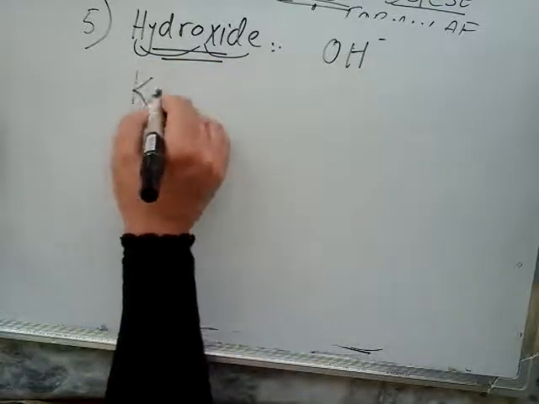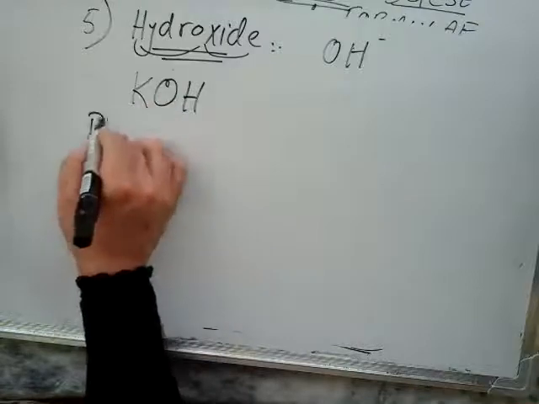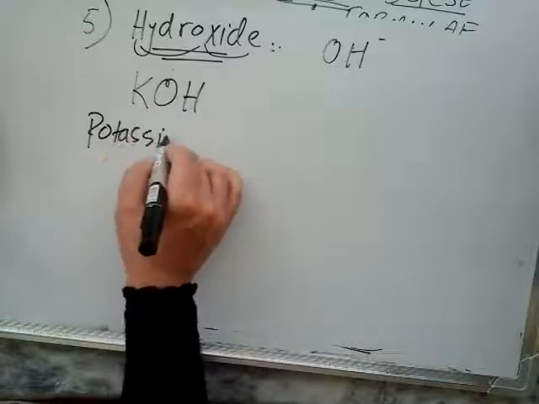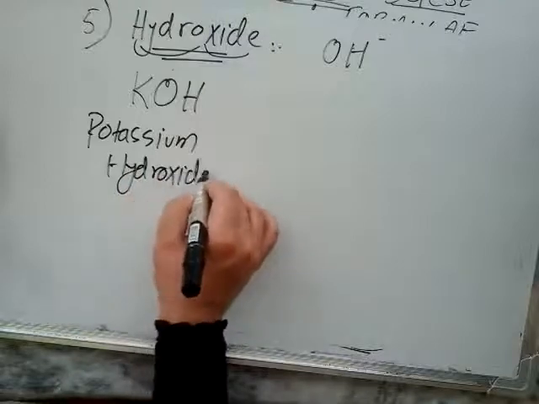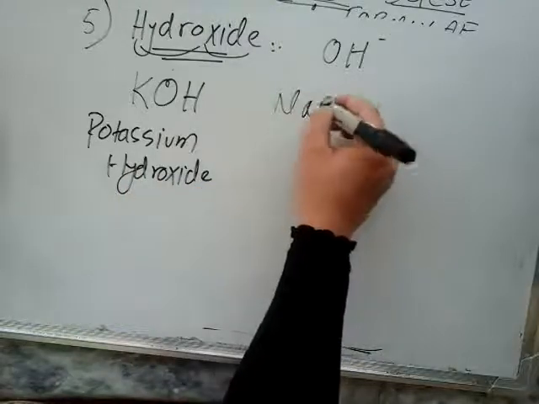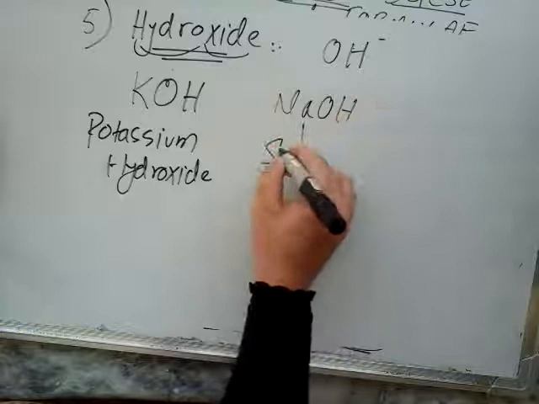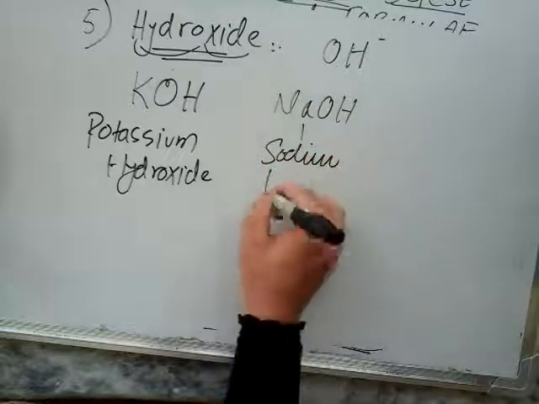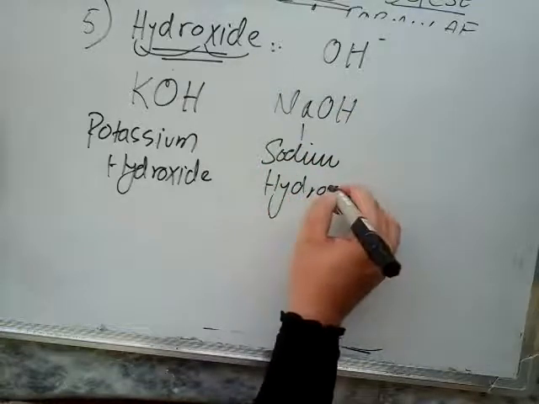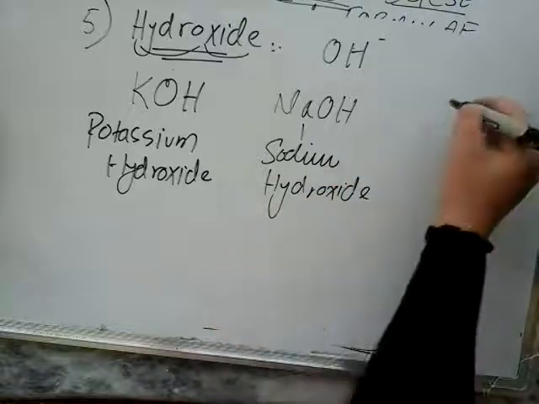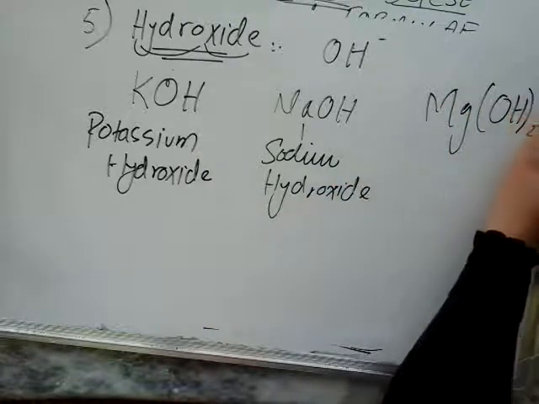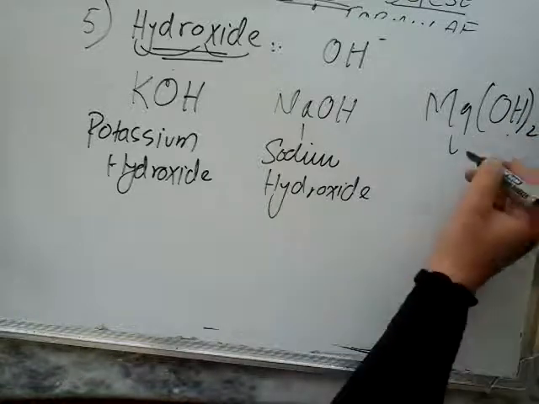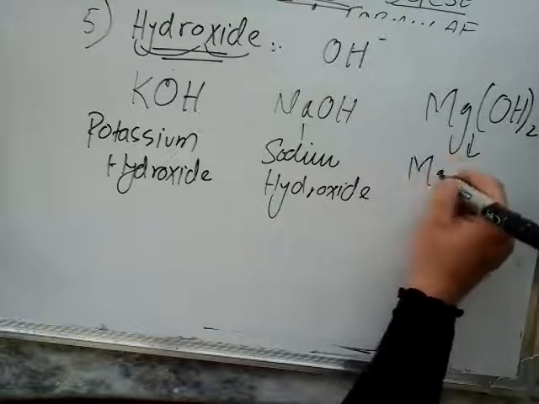For example, potassium hydroxide. Sodium hydroxide. Suppose magnesium hydroxide, Mg(OH)2, OH twice. This is called magnesium hydroxide.